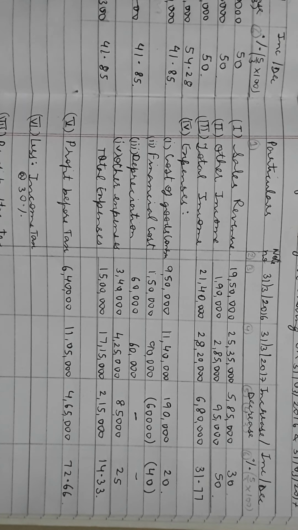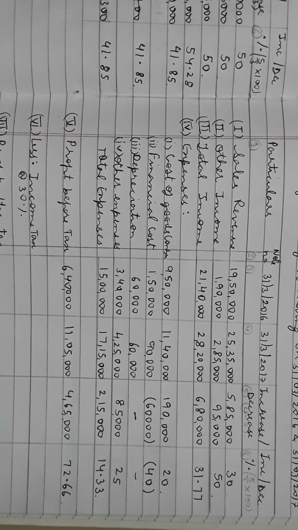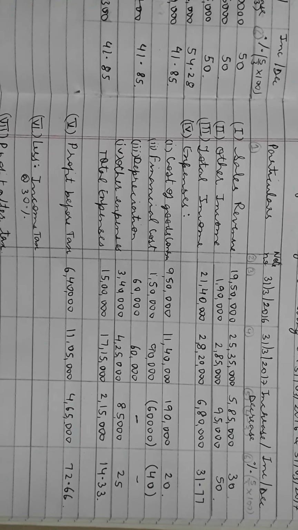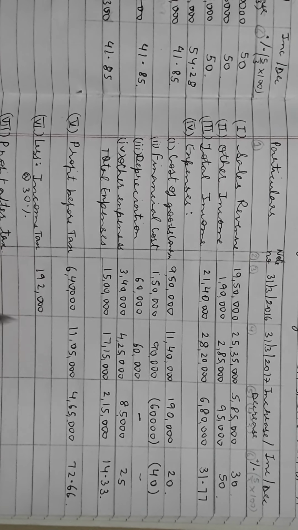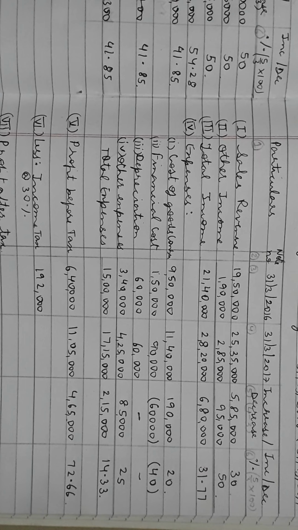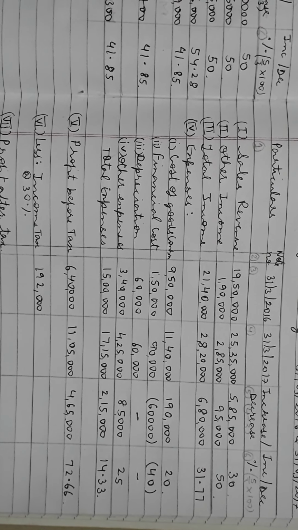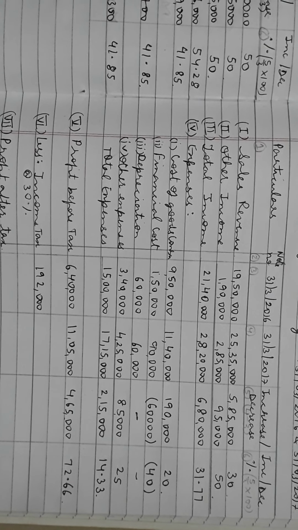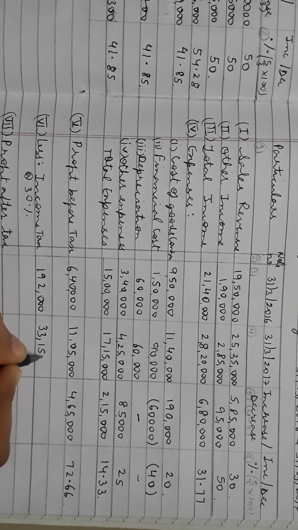Now we have got profit before tax. Income tax rate is given as 30%. 30% on this profit is calculated. 6,40,000 into 30%, that is 1,92,000 for 2016. 11,05,000 into 30%, so that comes 3,31,500.